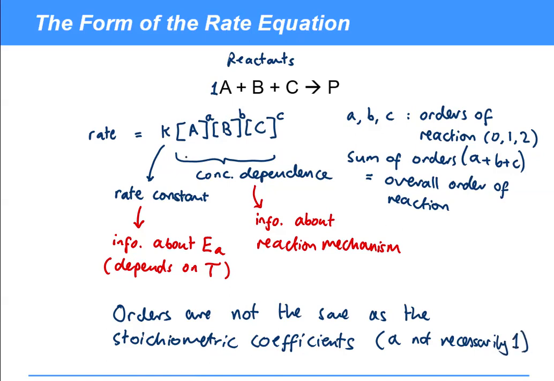It might be, but doesn't necessarily have to be. So unlike the equilibrium constant, the rate equation orders cannot be worked out just from the stoichiometry of the overall equation. And that's why we need the study of kinetics in order to actually obtain these reaction orders and rate equations experimentally.